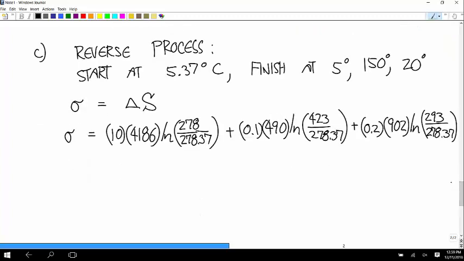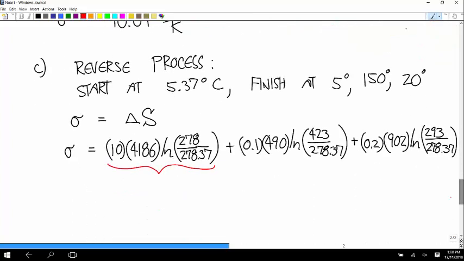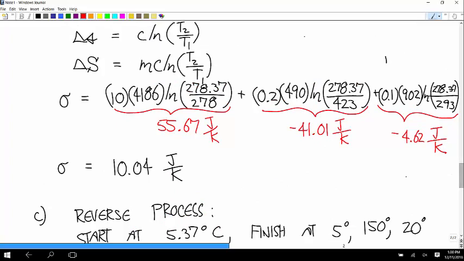And all this does is just switch the sign of all of these. So this is going to come out to be negative 55.67. These two will both be positive.